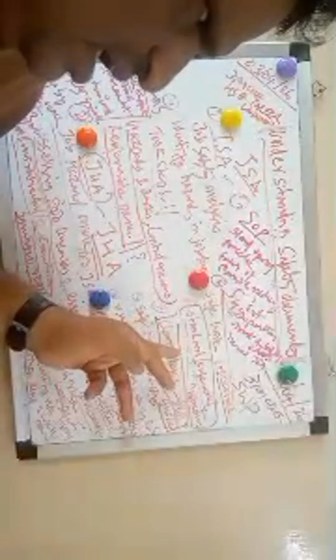The method statement is different from the safe work procedures. This safe work procedure is totally different from the safe work method statement. It talks about high risk work safety.